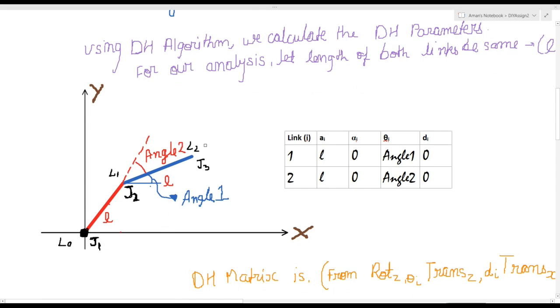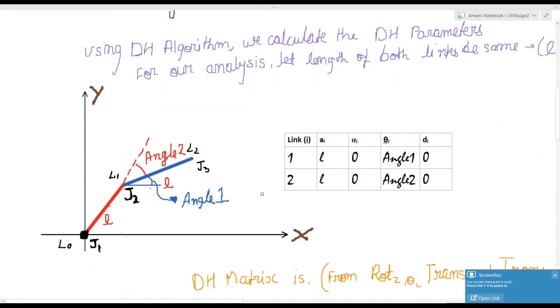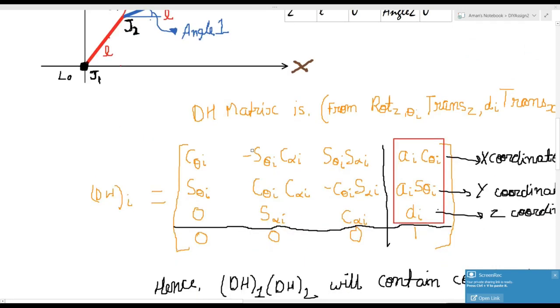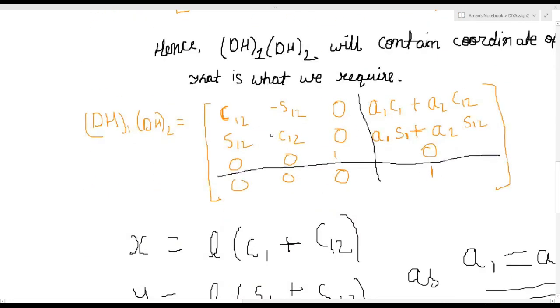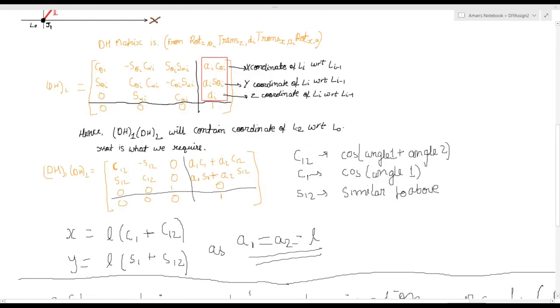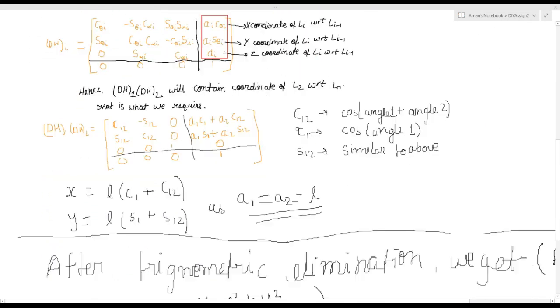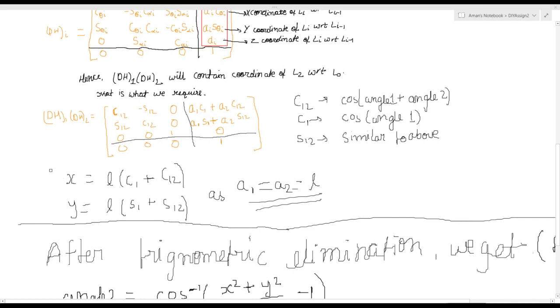So here I have done the whole analysis. I have calculated the DH parameters and found the DH matrix, and these are just the calculations. After doing all these calculations, we arrive at a relation between the position and the angle made by these servos.